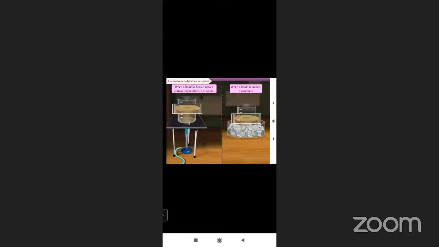That is why, even though the wire goes down and penetrates from the lower surface, the ice slab will not break. The water will convert into ice again, and that is why the ice slab remains as it is. This is a very, very important point. You can even do this activity at home and try how it happens.